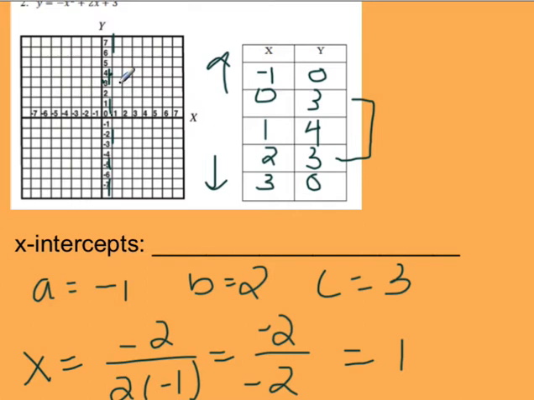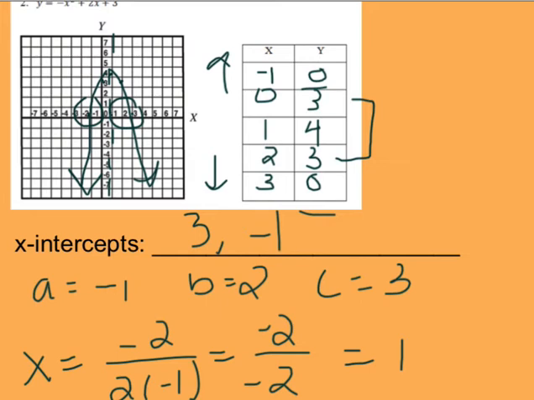Then over 3, up 0, left 1, up 0. Now I'm going to draw those in. This one, I happen to know exactly what the x-intercepts are because the x-intercepts are where you cross the x-axis, which means that y is 0. So my x-intercepts are 3 and -1.